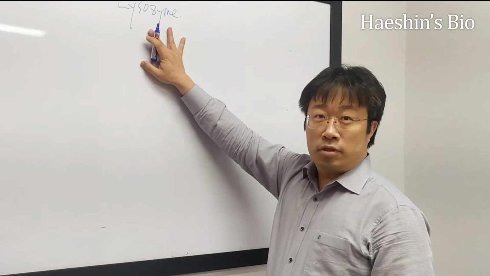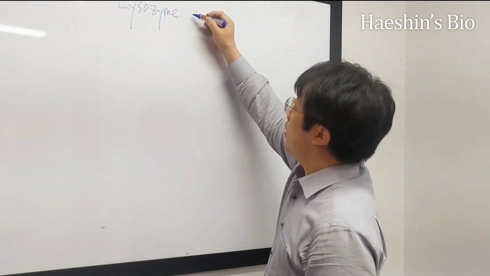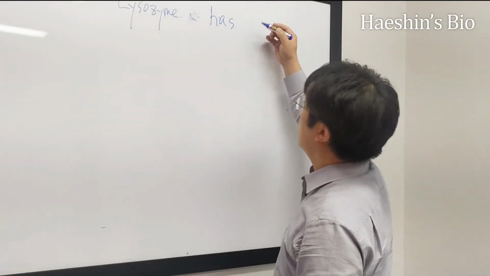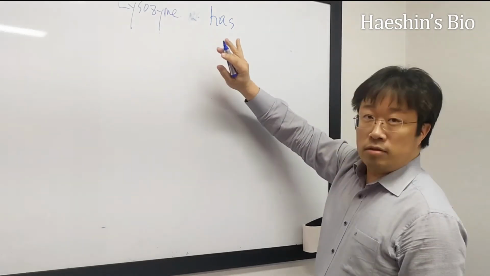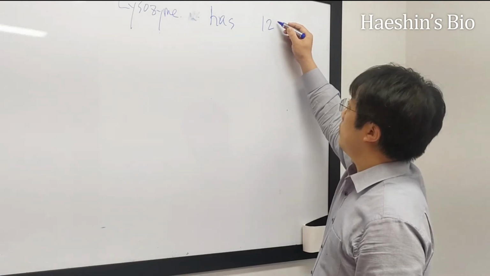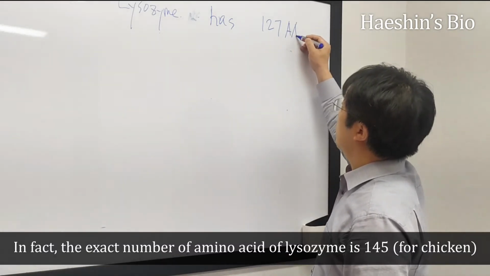So this lysozyme is a degradation enzyme in our mouths. This lysozyme has about, I'm not sure of the exact number of amino acids, but roughly 120. I think 127 amino acids they have.